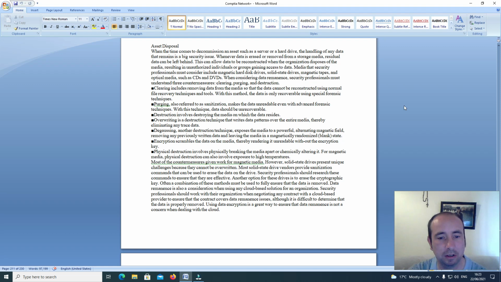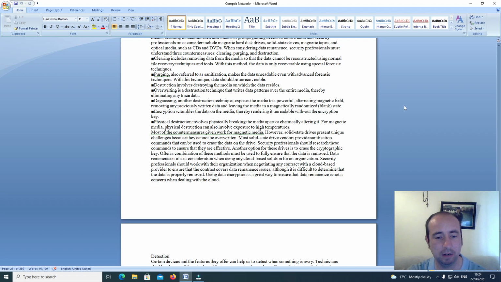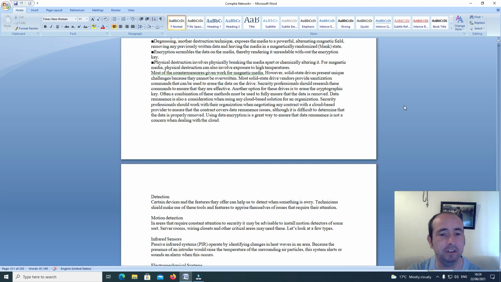Encryption scrambles the data on the media, thereby rendering it unreadable without the encryption key. Physical destruction involves physically breaking the media apart or chemically altering it. For magnetic media, physical destruction can also involve exposure to high temperatures.